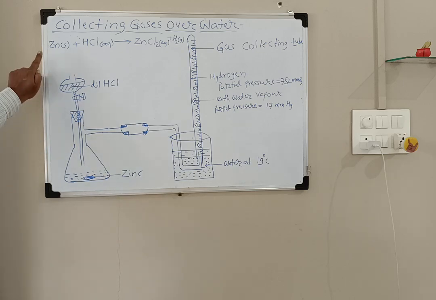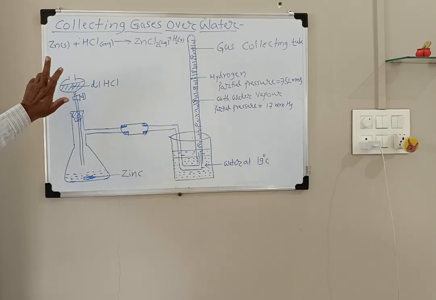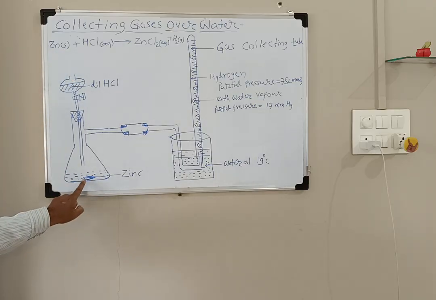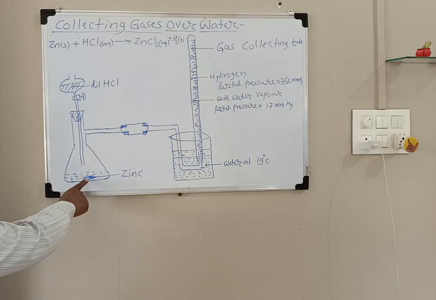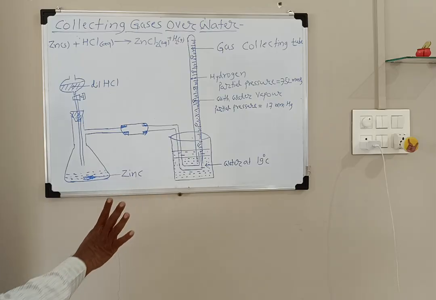So here the chemical equation is written: zinc dust or zinc granules are taken in solid state in this flask. Here is zinc powder or zinc dust.